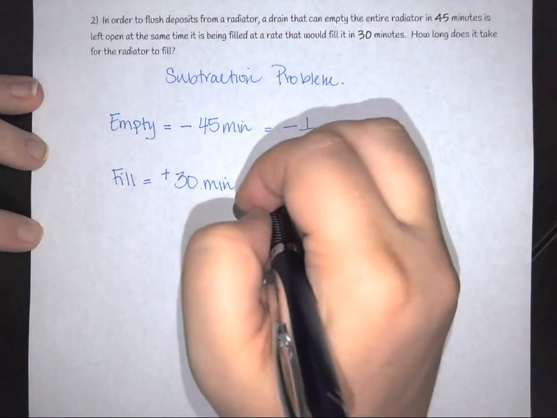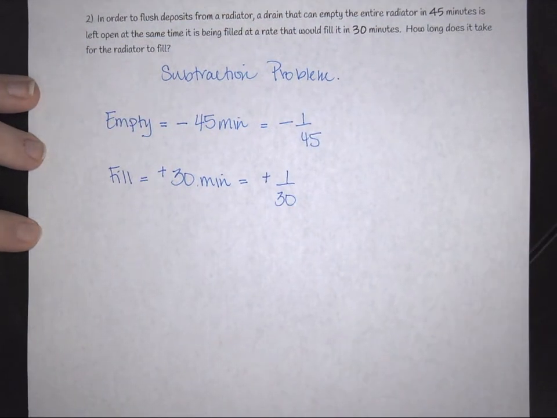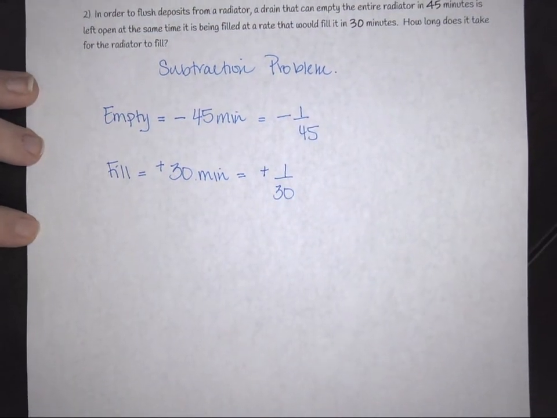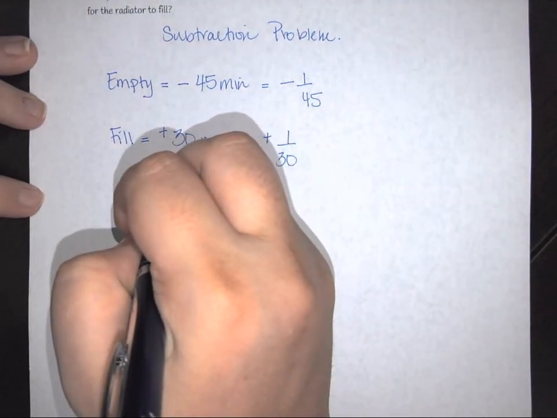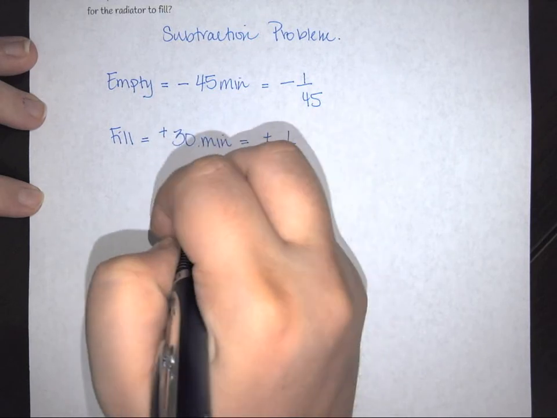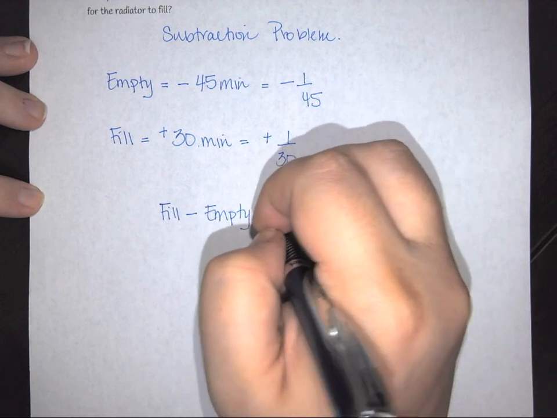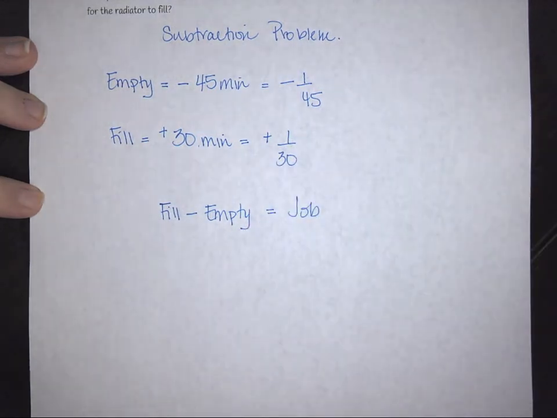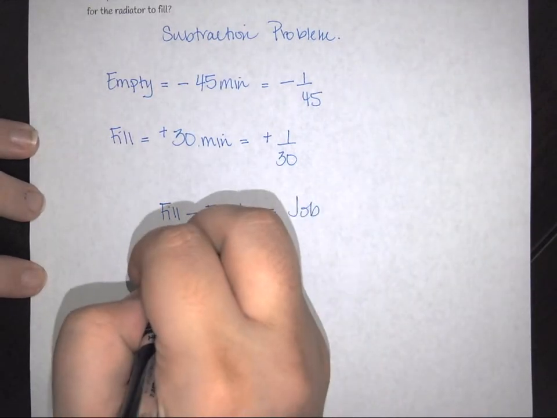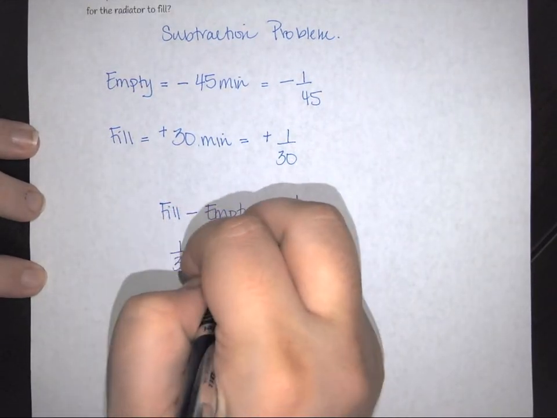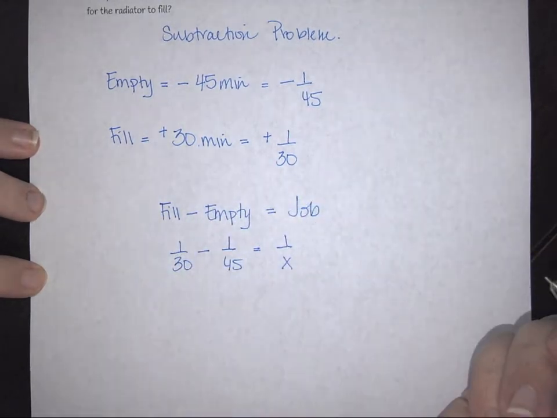So filling it would be the same as a positive 1 over 30. So if we're actually looking at the basis of the problem, the base would tell us that we have to fill it minus what it takes to empty it is going to equal your job. So filling it takes 1 over 30, subtract out 1 over 45, gives you 1 over x.